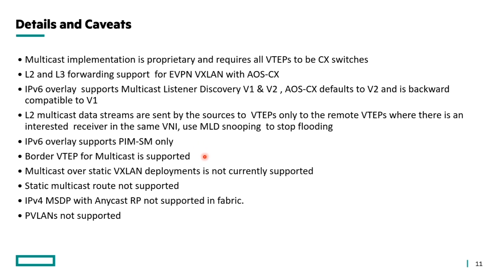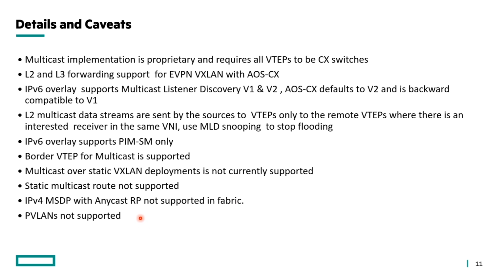We support border VTEP as I showed earlier in the use case. We do not support multicast over static VXLANs, and we don't support static multicast today. IPv4 MSDP and anycast are not supported in a fabric, and PVLANs are also not supported in a fabric with multicast.